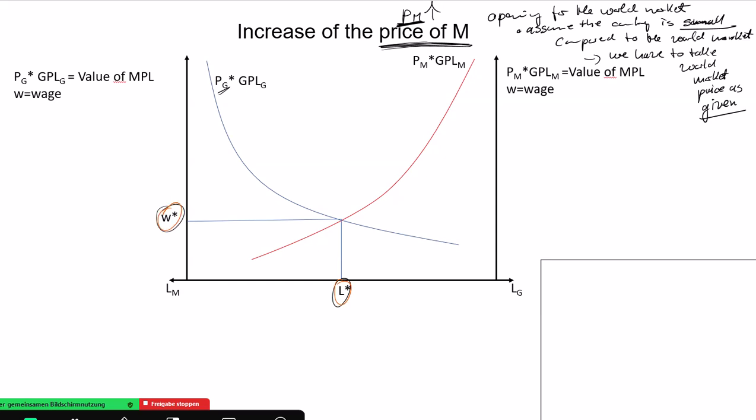Now we are opening our market and we realize, or the producers of machines realize that they can sell their products for higher prices. Which curve in this diagram would change and how will it change? Where is the price of machinery entering?